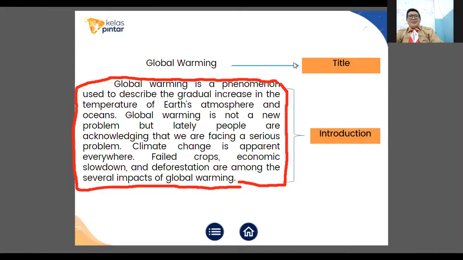Any idea? Global warming is blah blah blah. Describe this one. Global warming is not a new problem. Climate change is everywhere. Ini pernyataan apa sih? What kind of statement is this?